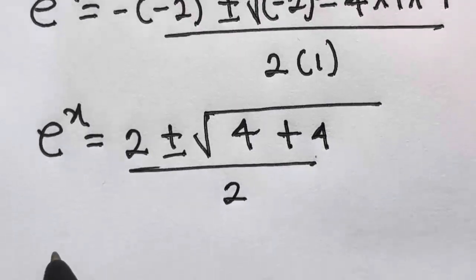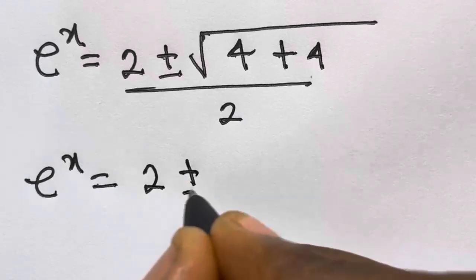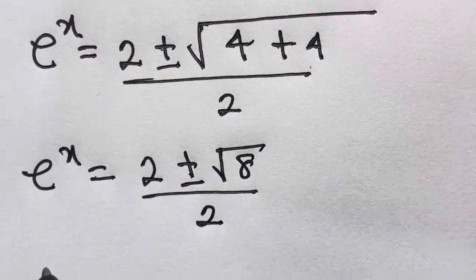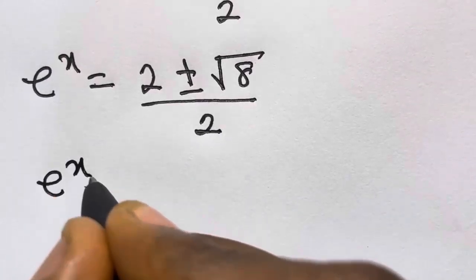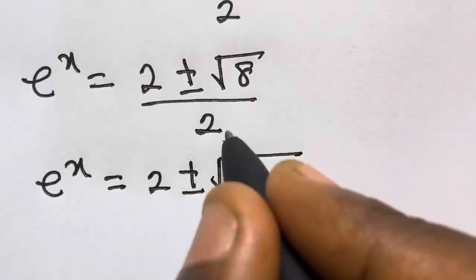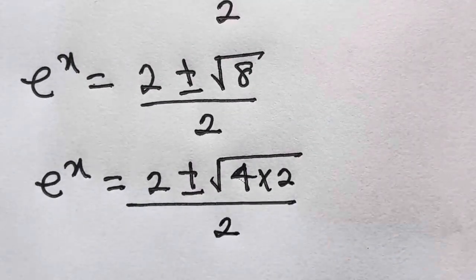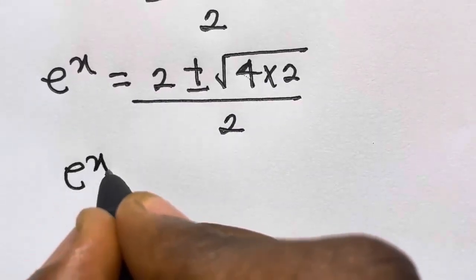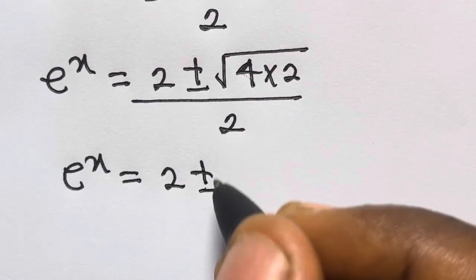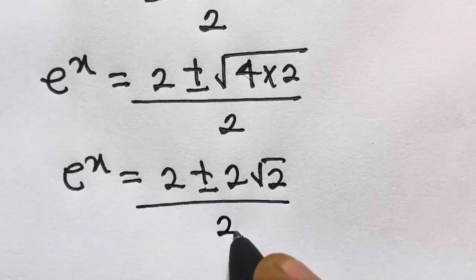So we have e^x equals 2 plus or minus square root of 8 divided by 2. This can be simplified to square root of 4 times 2, divided by 2. So we have e^x equals 2 plus or minus square root of 4, which is 2, then root 2, divided by 2.